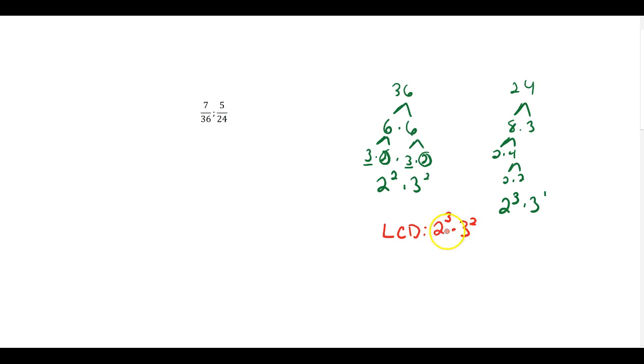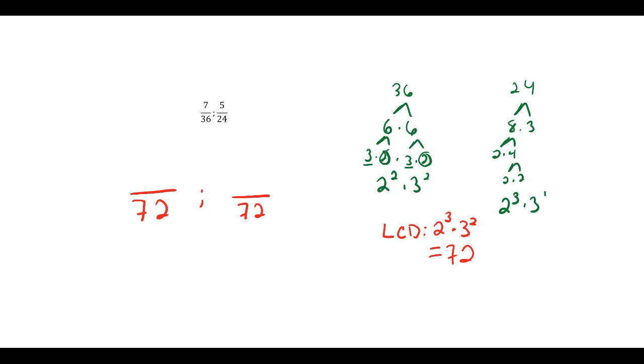So my least common denominator, whenever I multiply this out for this particular problem, is going to be 72. So both of these are going to become a denominator of 72.